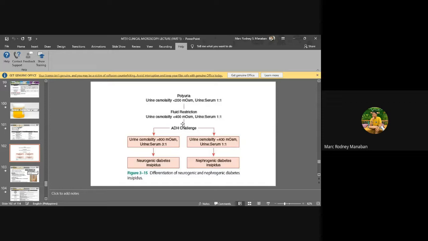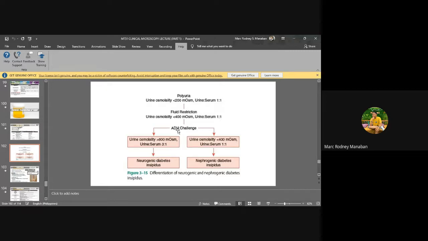All right. But if after the fluid deprivation test the osmolality is still low, you have to perform the ADH challenge. So you inject the patient with ADH. Now after the ADH challenge, if the osmolality becomes normal, it rises and returns to normal, this means that the patient has neurogenic DI.